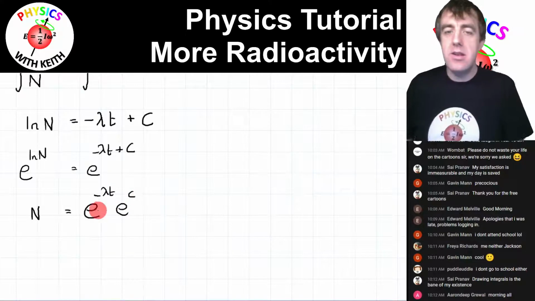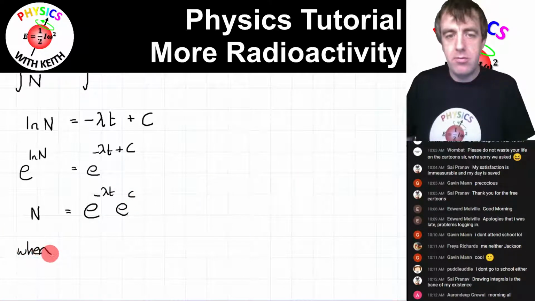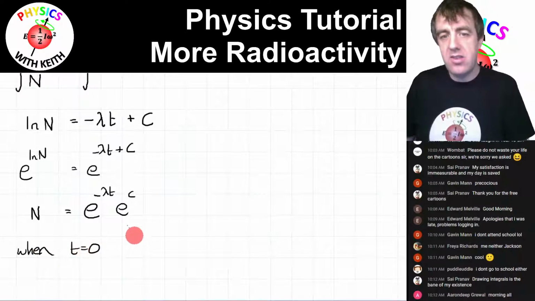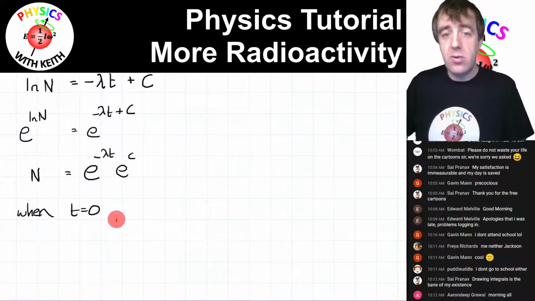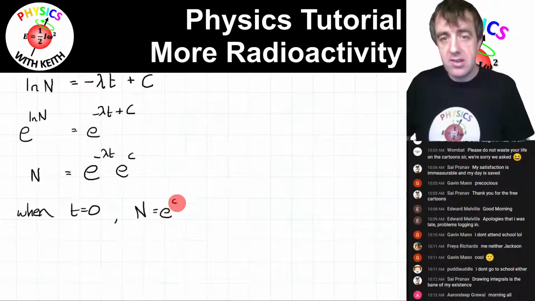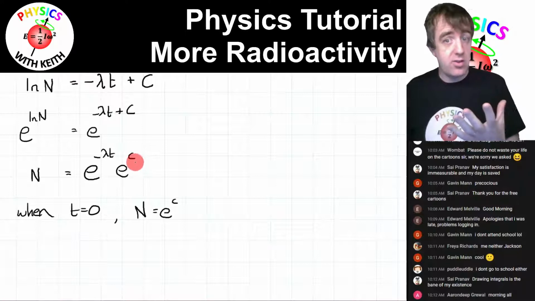Now, what does this equal when t equals 0? When t is equal to 0, this term here is equal to 1. So when t is equal to 0, n is equal to e to the c. C was a constant, so e to the power of c is a constant.